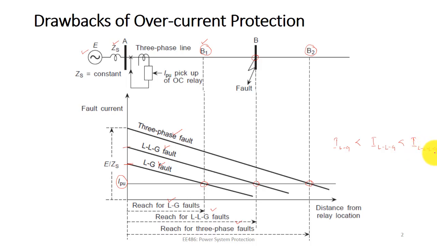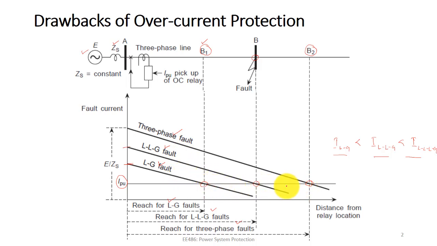So this is the range of the magnitudes. Now we can see very well that with the variation of fault type, the reach of the relay varies.